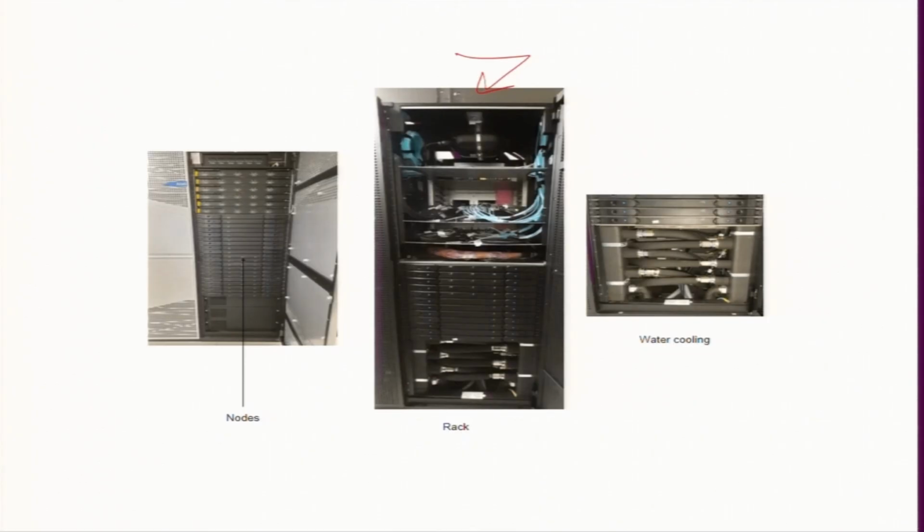Within this rack, we have nodes. You can look at it, this is a node, this is a node and this is a node. A node is basically a box which contains a motherboard and network switch, and the motherboard has CPU, GPU and RAM.